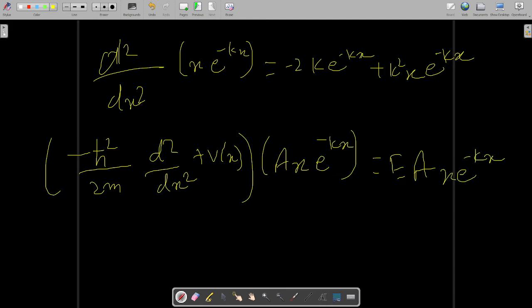So basically I will just put this inside the bracket. After I put this value inside the bracket, what will I get? Let me show you, only then you will feel comfortable.